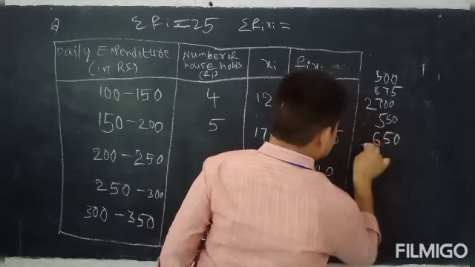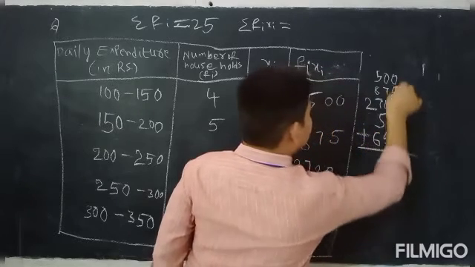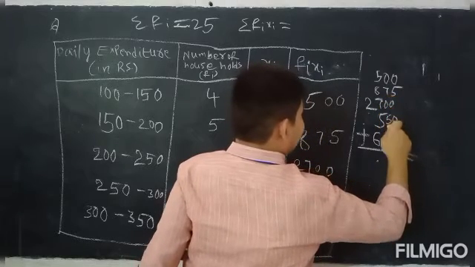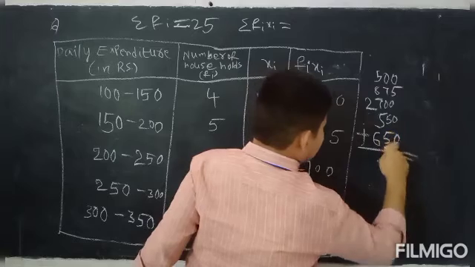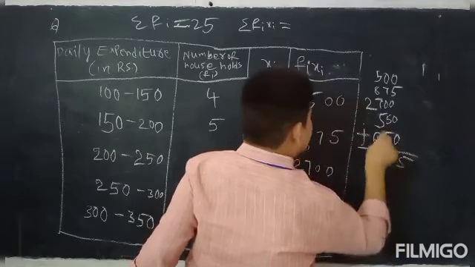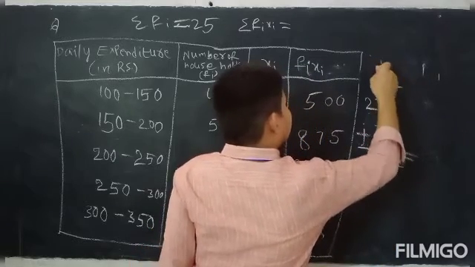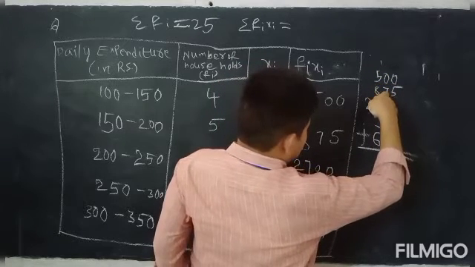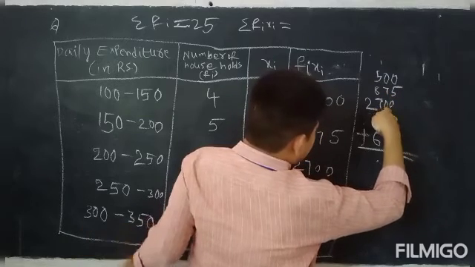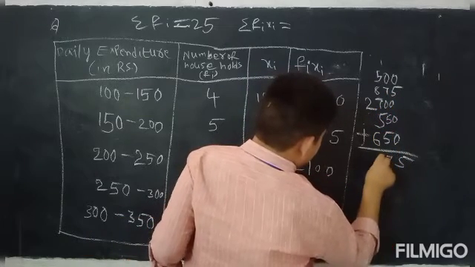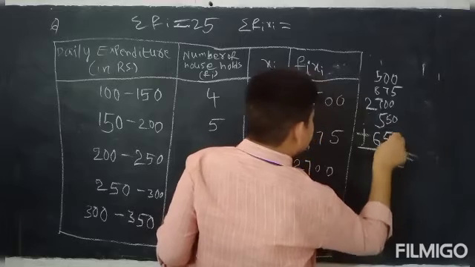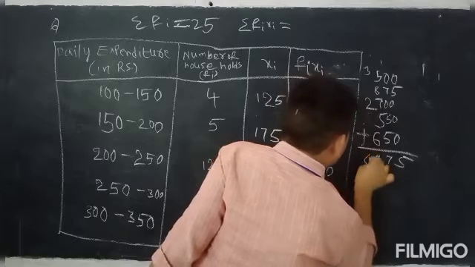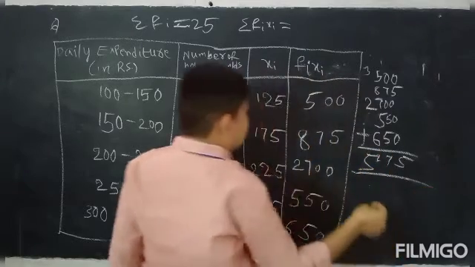Now add them: 7 plus 5, 12 plus 5, 17, carry 1, and so on. So sigma fx is nothing but 5275.